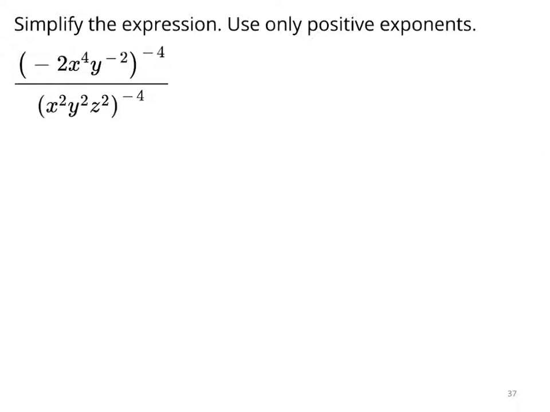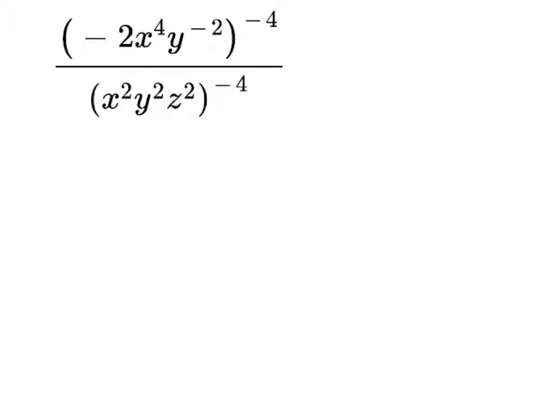Now once again we'll simplify this, and we'll use only positive exponents. Well, that negative 2 has a power of 1 right there. So when we multiply this negative 4 into this set of parentheses, we do have to be careful with the negative bases like this one as well.